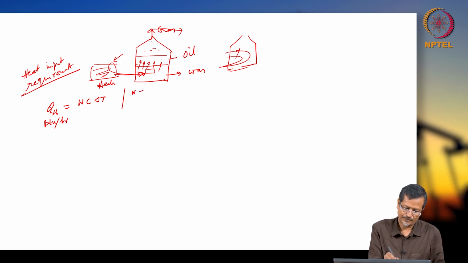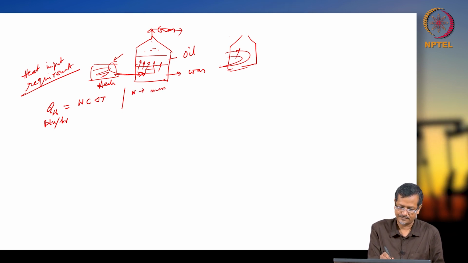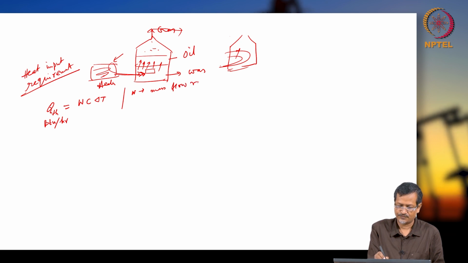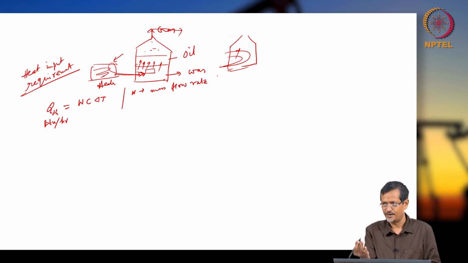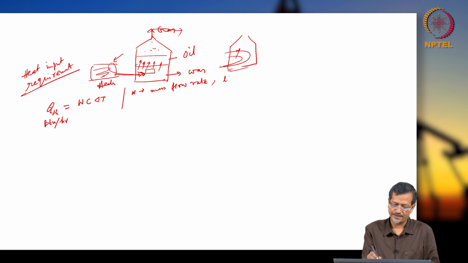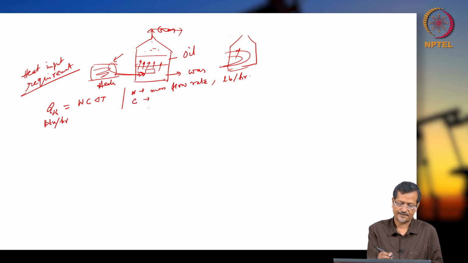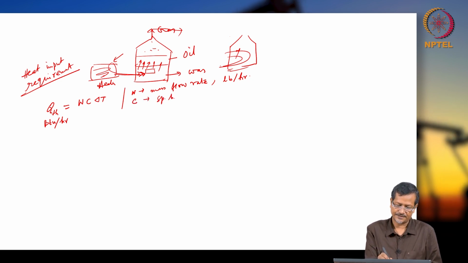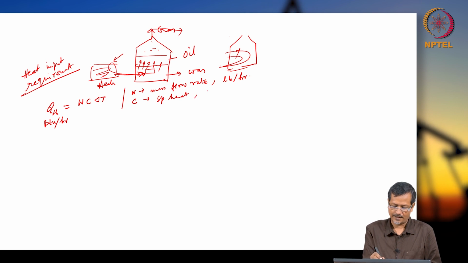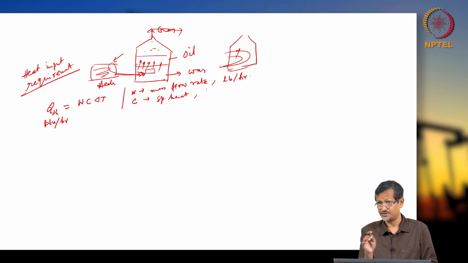M or W is called the mass flow rate of liquid, and the unit is lb per hour, pounds per hour. And C is the specific heat at an average temperature. This is the average formula.